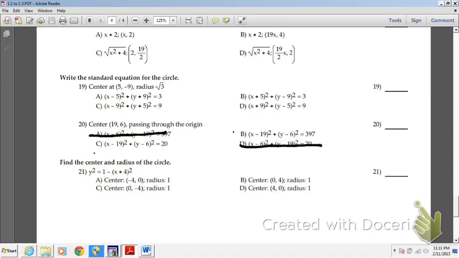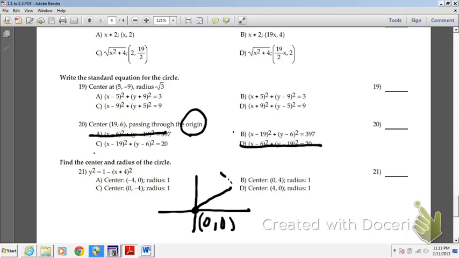And here's my hint. I'm not going to full-blown do it for you, but it says it's passing through origin. Well, origin's at 0, 0. So if you're passing through origin and you've got a center over at 19, 6, so you're way over at 19 and up at 6 somewhere in space, the main idea is, even if you draw this, what you're doing is swiping out a circle with a certain radius.